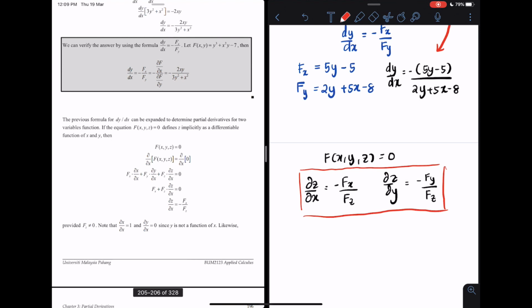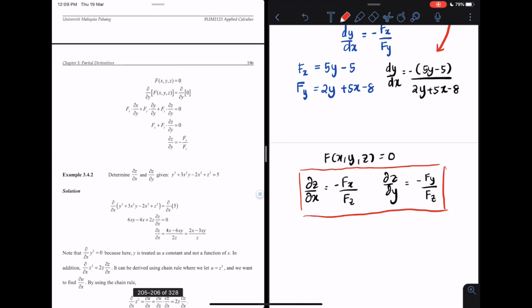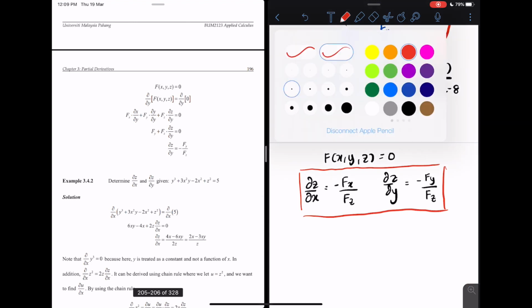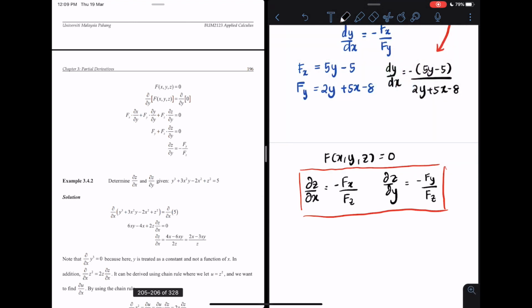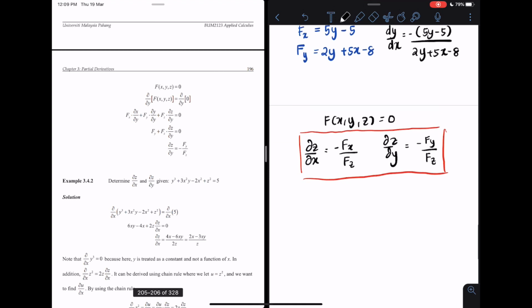So let's try to answer a few questions related to this type of example. Okay, I will try to show you both ways to solve the problem. Okay, for example 3.4.2, the question asks you to determine del z del x and del z del y for the following function written in its implicit form, such as y cubed plus 3x squared y minus 2x squared plus z squared equal to 5.